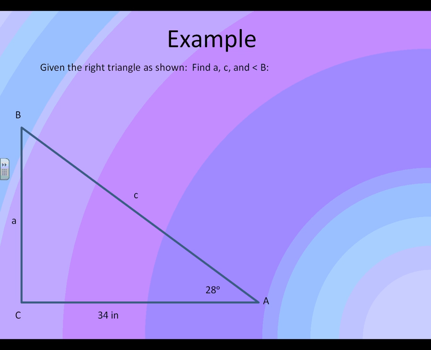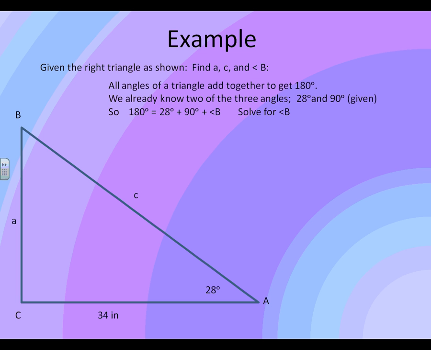Now, since we are given that it's a right triangle, we already know that all triangles add up to be 180 degrees. And we already know two of the angles because it is given that we have a right triangle.